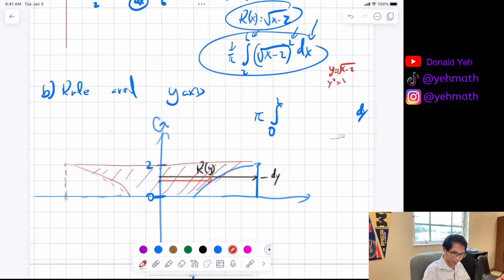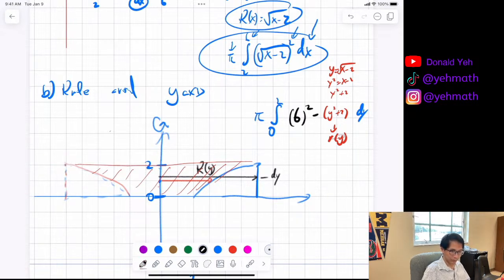So y squared equals x minus 2, and then x equals y squared plus 2. So that's going to be y squared plus 2. That's the small r of y. Does that make sense? Yeah, that's small. That's the red part. The big part is the 6.